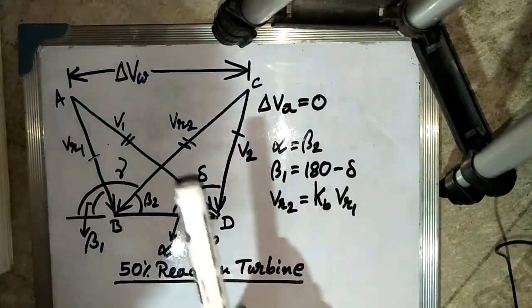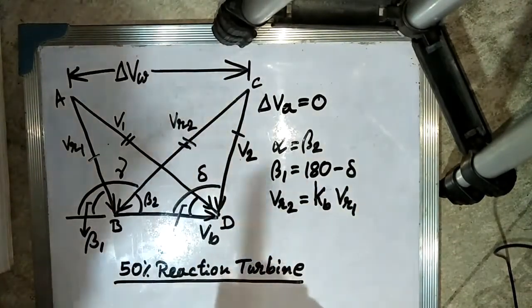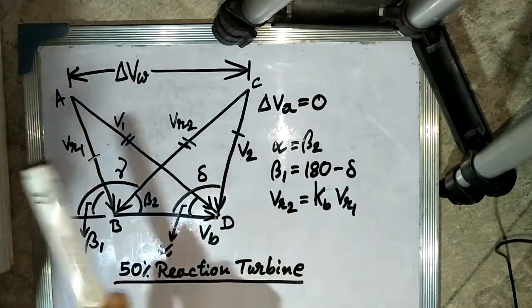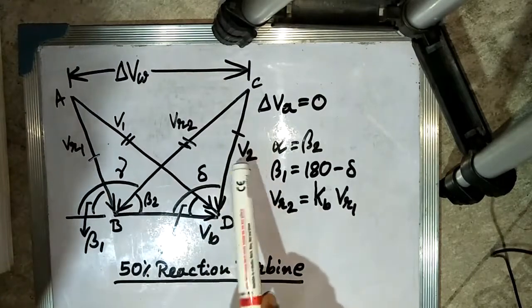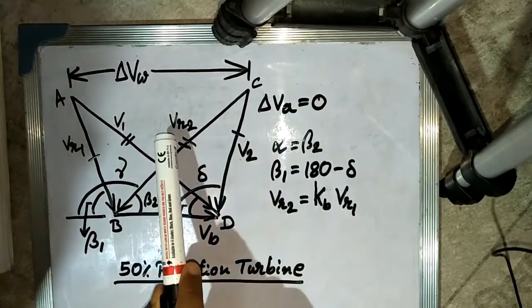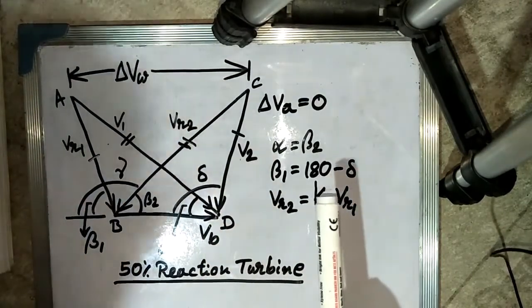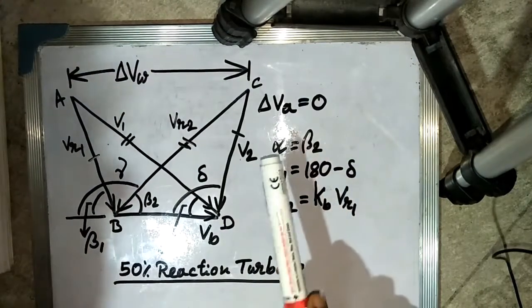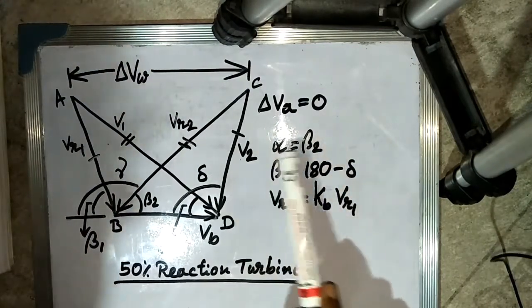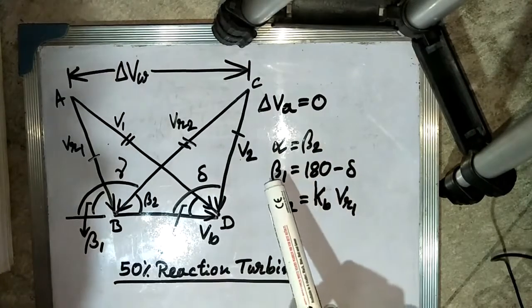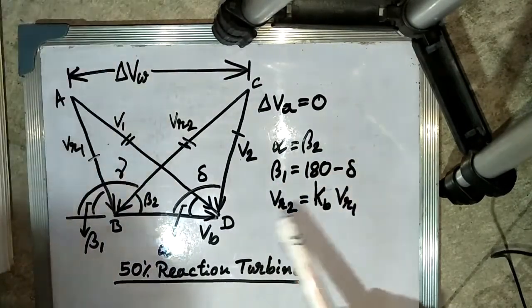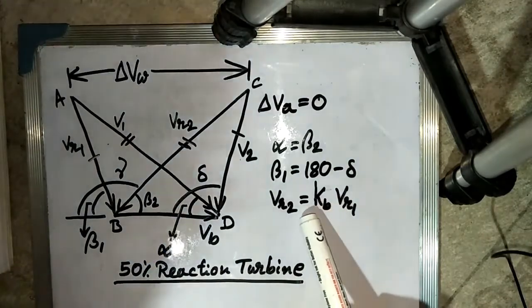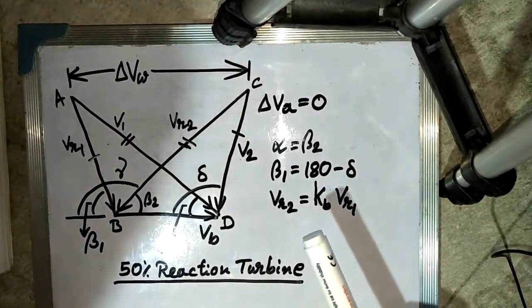These two triangles are similar triangles. So from the geometry you can say that VR1 equals V2 and V1 equals VR2. Also alpha equals beta 2, and beta 1 equals 180 minus delta, and VR2 equals Kb into VR1.